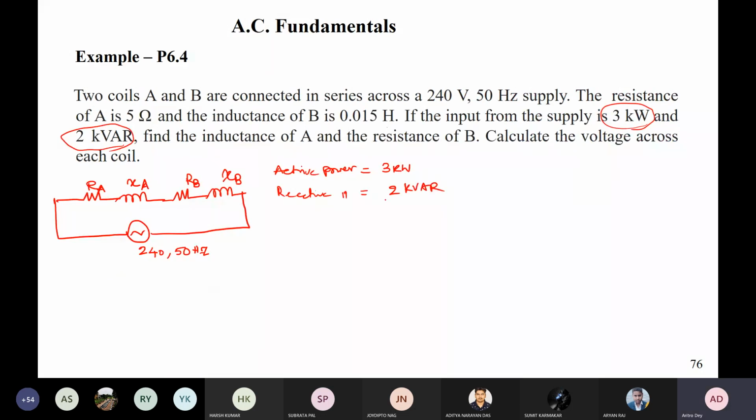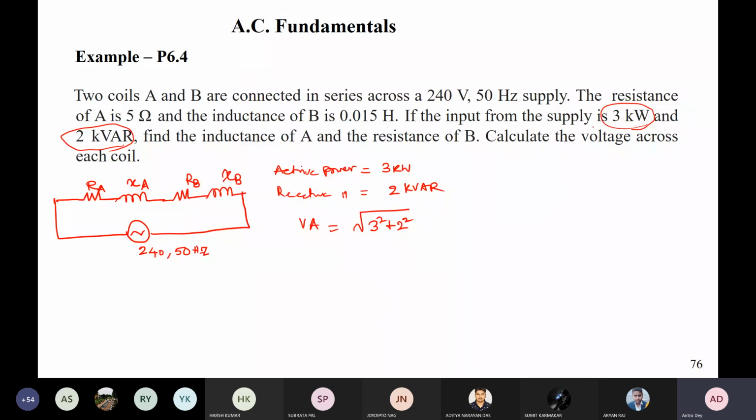So we know that the square root of active power square plus reactive power square is equal to the apparent power or volt ampere. So if we solve, we can write it like 3 square plus 2 square. So this is your apparent power, or volt ampere.